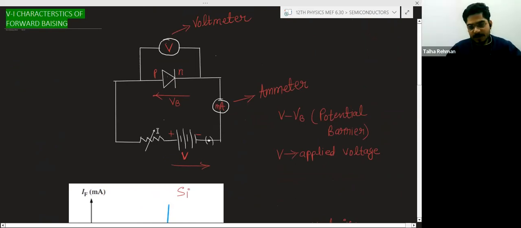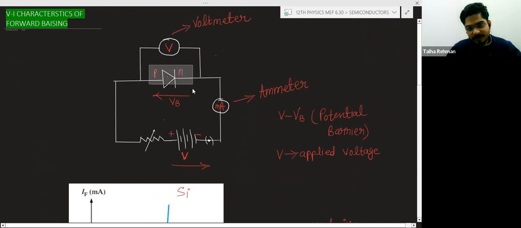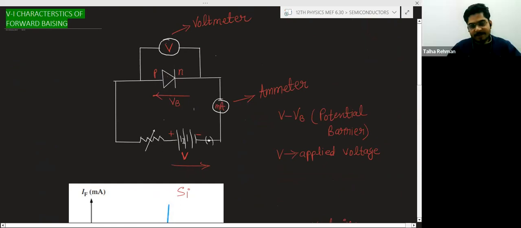With the help of the rheostat, you are changing the applied voltage, and accordingly the voltage across the PN junction diode is changing. So you change the applied voltage such that the voltage across the silicon PN junction diode becomes 0.7 volt.